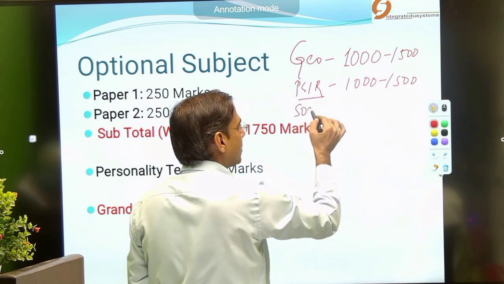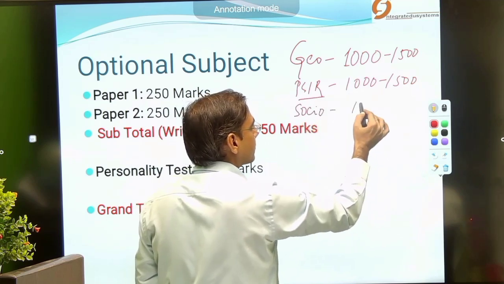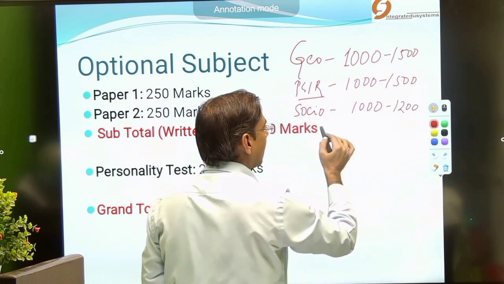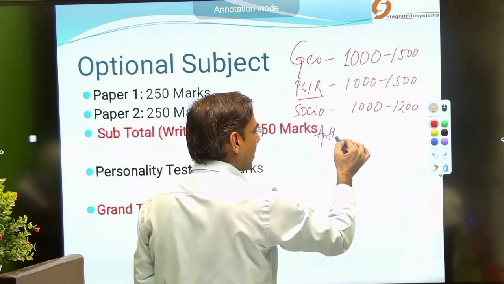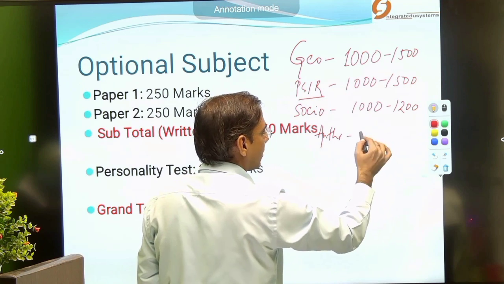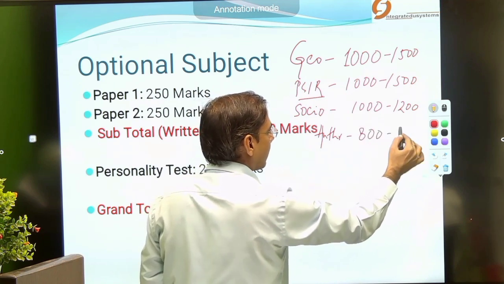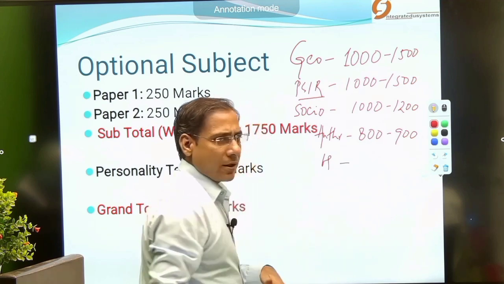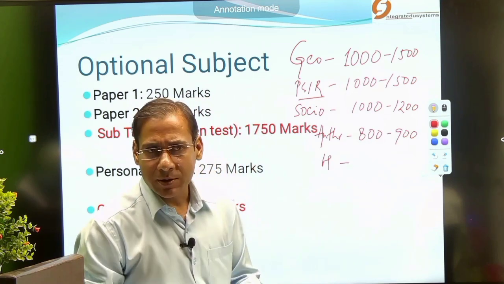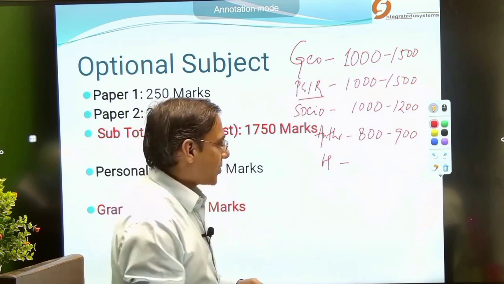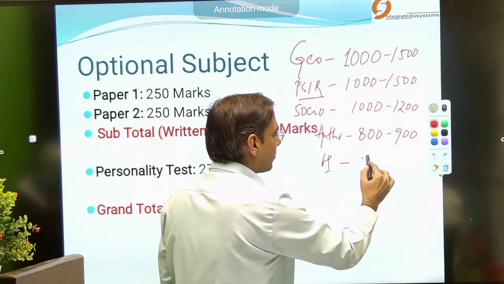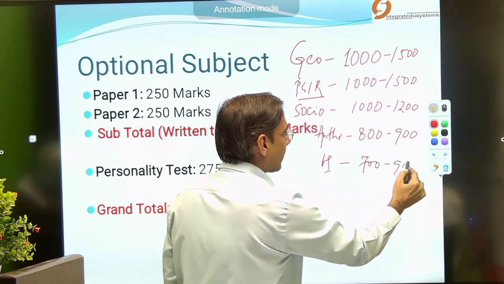In sociology also. Anthropology, which is rising in the last 2 to 3 years. History, because commonly in Eastern India, the majority of people pick history as a subject in their undergraduate. So history is almost 700 to 900.